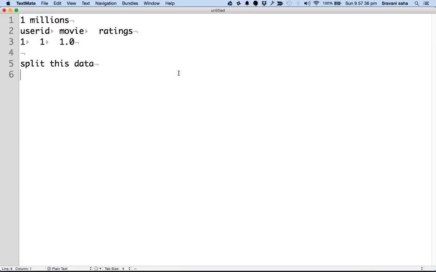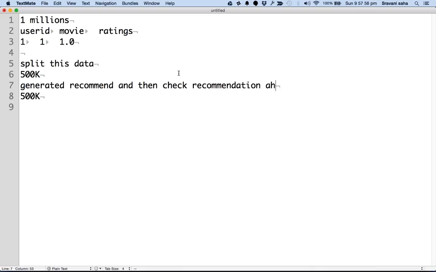You'll split this data into 500k sets. Okay, two 500k sets. Based on the first 500k, you will generate recommendations and then check these recommendations against the rest of the data.